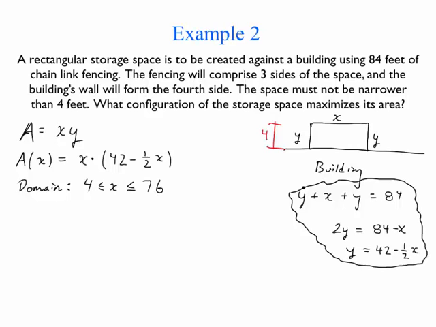Questions so far? Okay, so now we want to find candidates. Candidates are going to come from one of two places. They're going to come from critical values and endpoints.